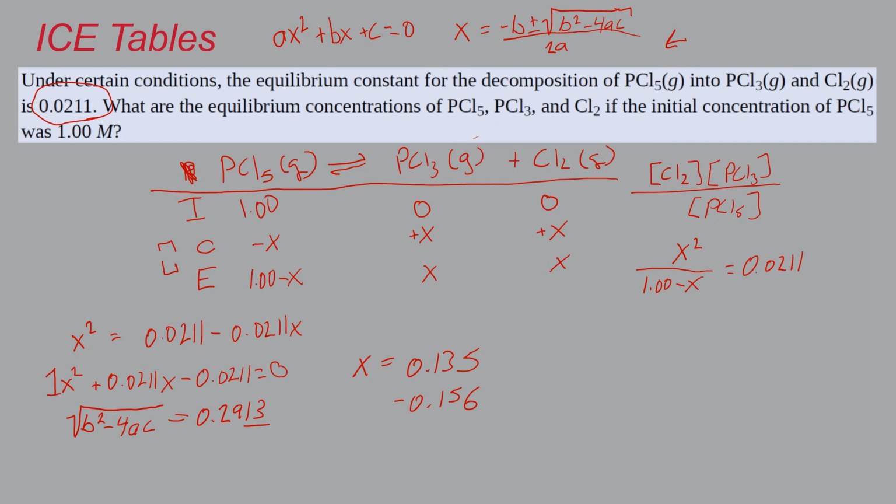It will always be the case that when you do this, if you have done the quadratic equation correctly, one of the roots will make sense and the other one will not. And here's what I mean. In this case, this negative 0.156 root would give us a negative concentration for PCl3 and for Cl2, and that doesn't make a whole lot of sense.